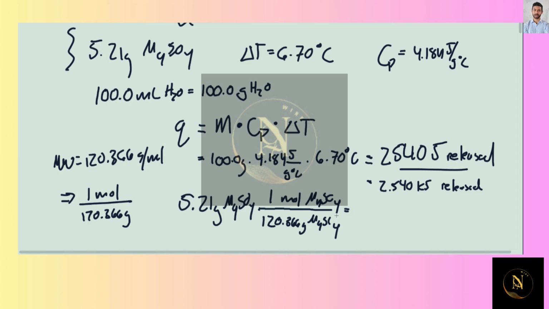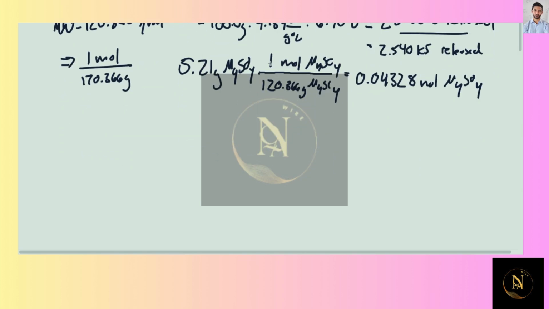So effectively, we're dividing 5.21 by 120.366. And the number of moles we get is 0.04328 mole magnesium sulfate. Now we've got kilojoules, we've got moles, and I think we're ready to go.